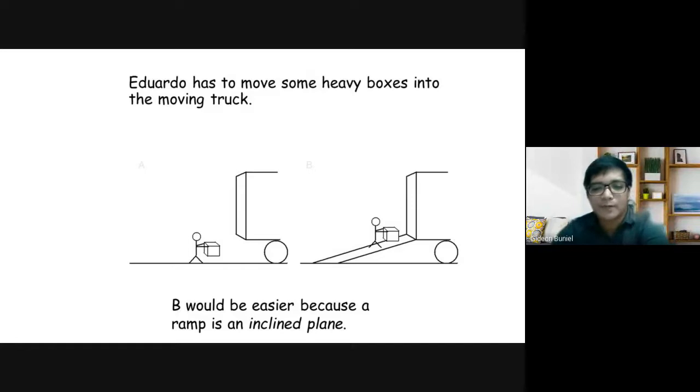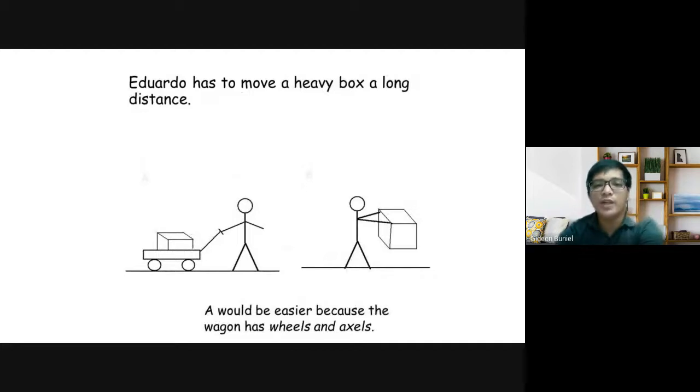So that's one application and one solution to Eduardo's problem of moving some heavy boxes into the truck. So Eduardo uses an inclined plane. Now Eduardo has to move a heavy box along a distance.